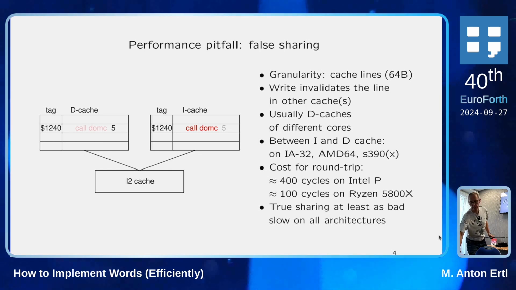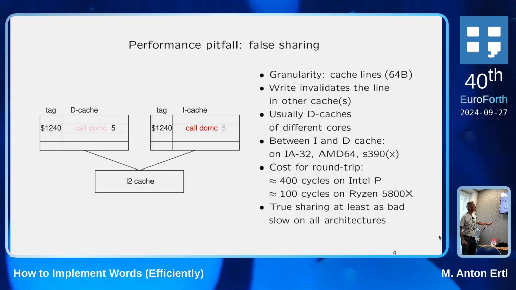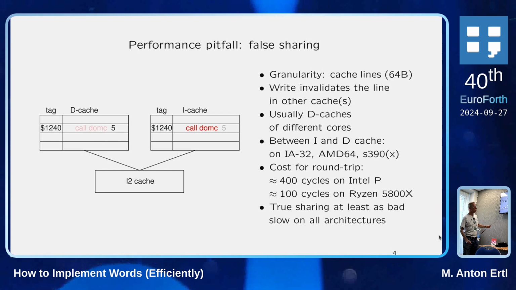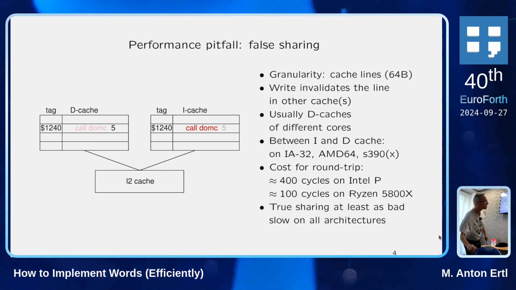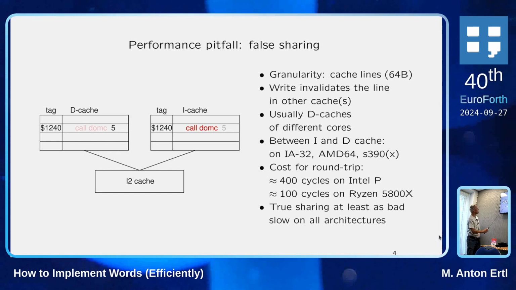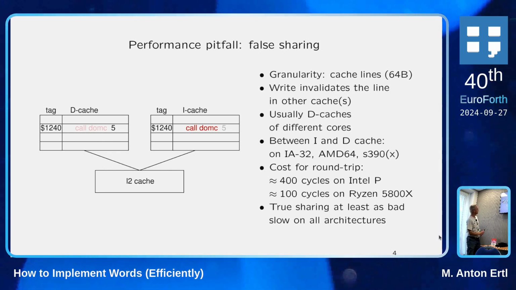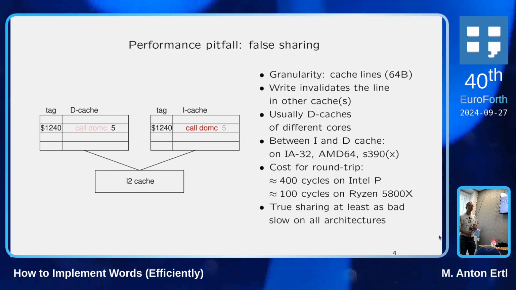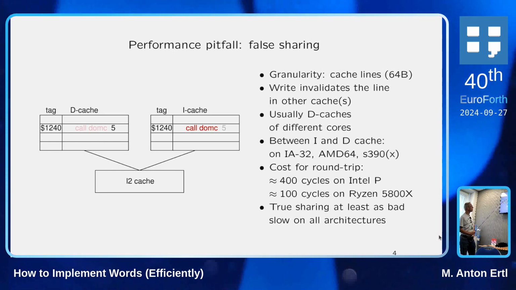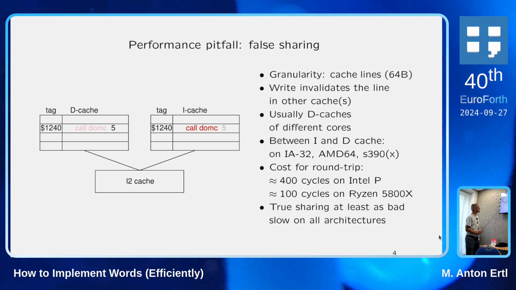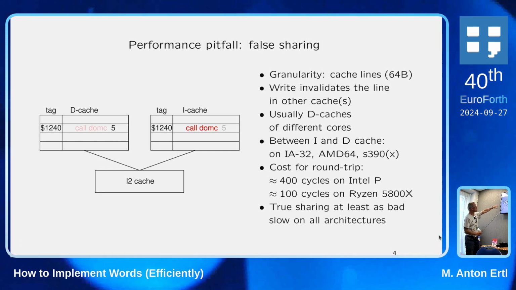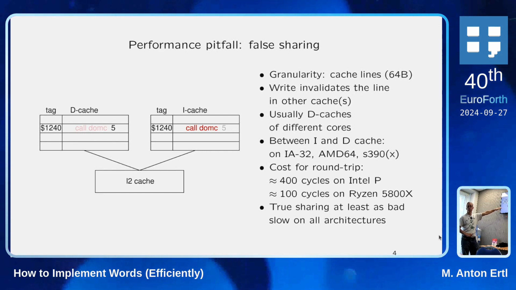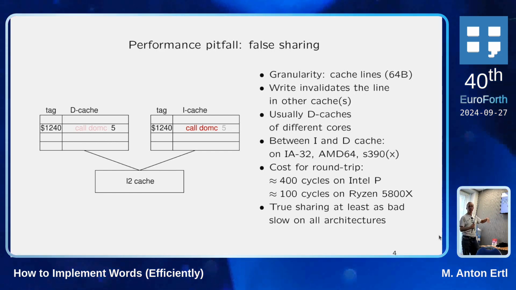Anyway, in our example, from our last thing here, this piece that's called doMC and the 5 are in the same cache line. And it's both in the data cache and in the instruction cache. And we see from the tag here that this is the same cache line; it has the same tag. And they have some common memory subsystem below the separate caches.